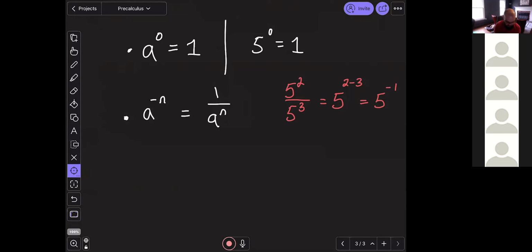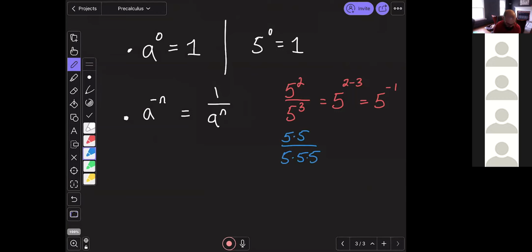But what we see is, hey, really what I should be doing is this should be the same as, so I'm going to do this in blue here, 5 times 5 over 5 times 5 times 5.